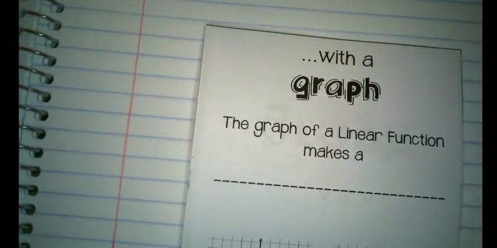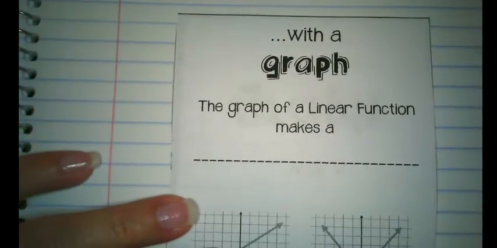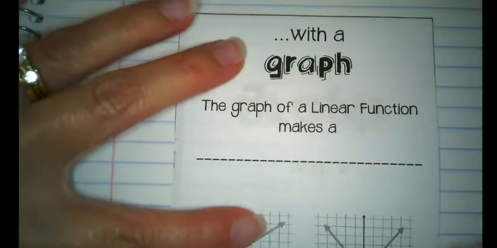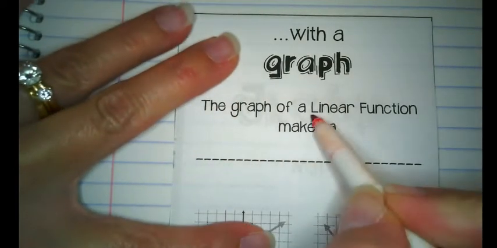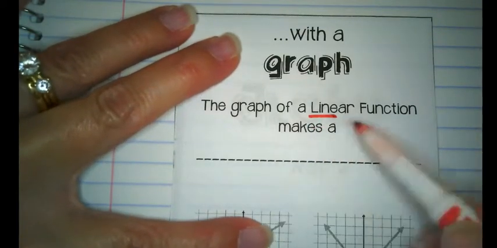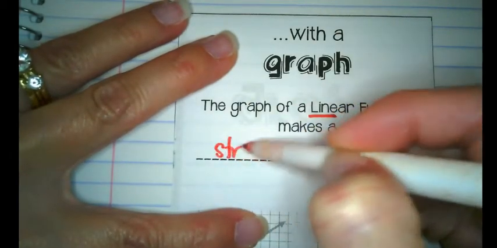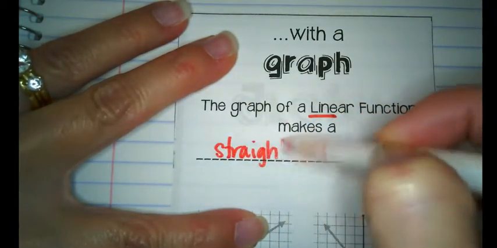I should mention that you can tell by the graph if a function is linear because it makes a line. So the graph of a linear function makes a straight line.